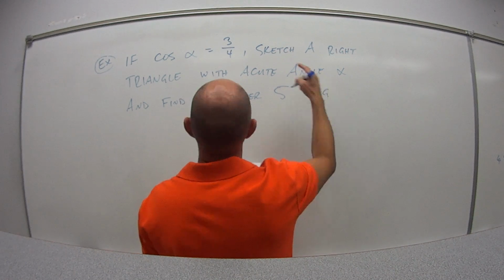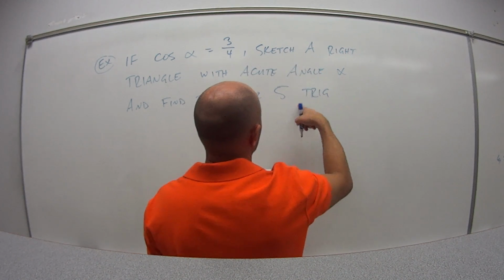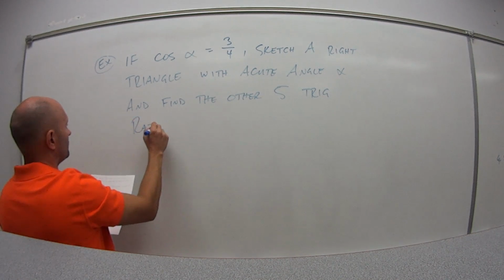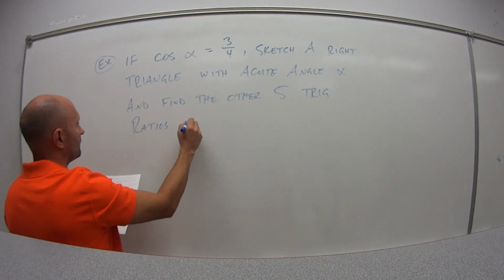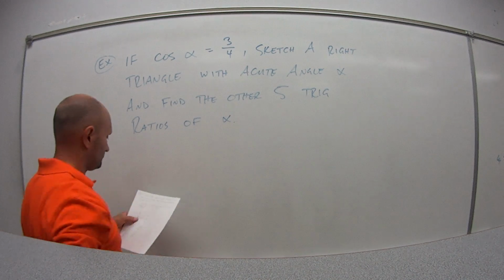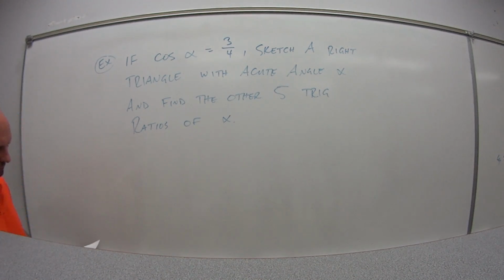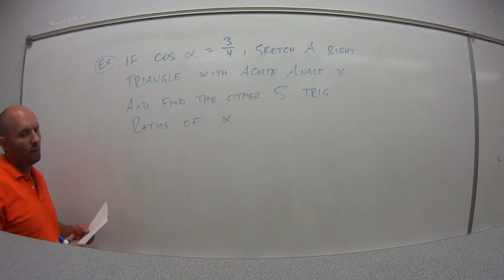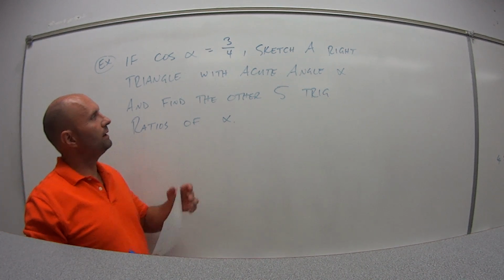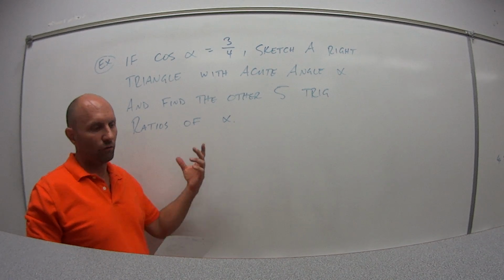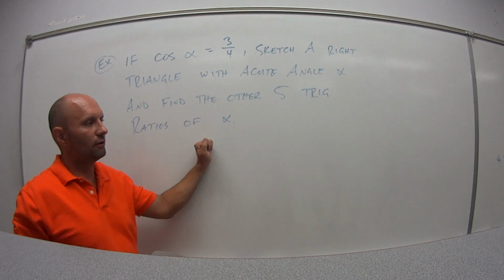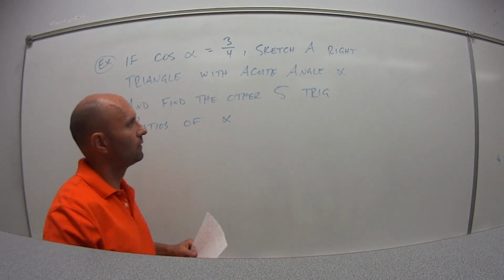So we're given the one, which is cosine, so we want the other 5 trig ratios. So the first thing we need to do is draw this triangle so that I can actually figure out what's the length of my opposite, what's the length of the hypotenuse, and so forth.